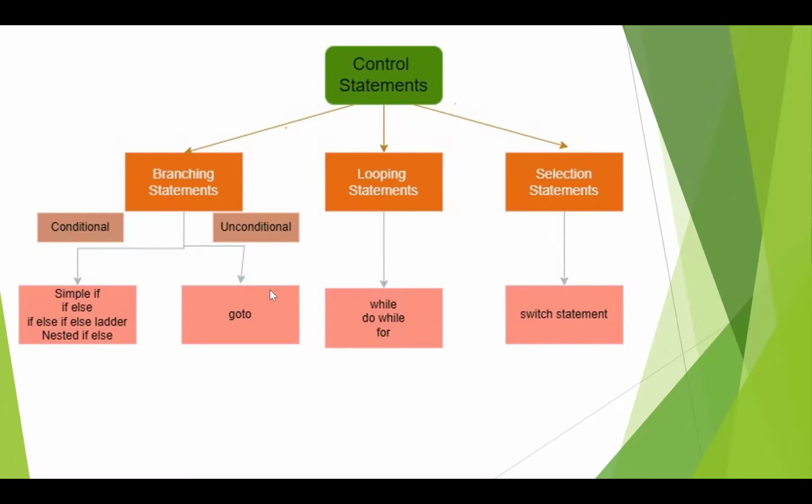Next, looping statements. These looping statements are used to execute the same instructions a number of times. Three loops are there: while loop, do while loop, and for loop. Next, the selection statements. Depending on the case value, that is, depending on the variable value, we can execute some block of statements.